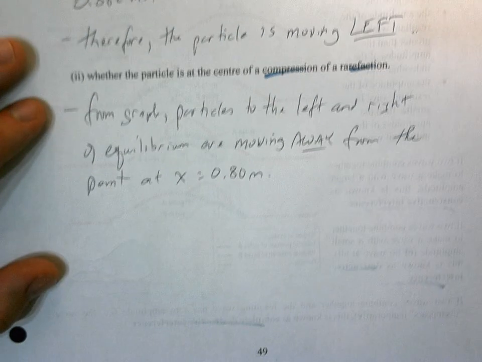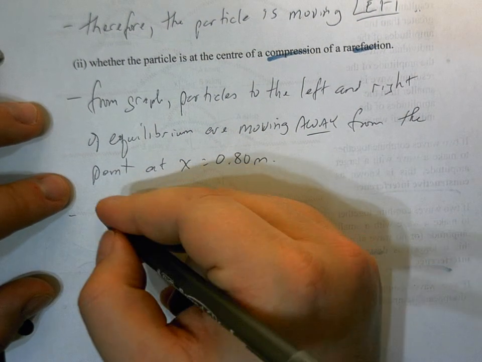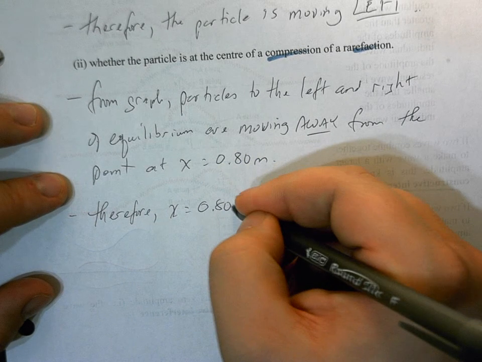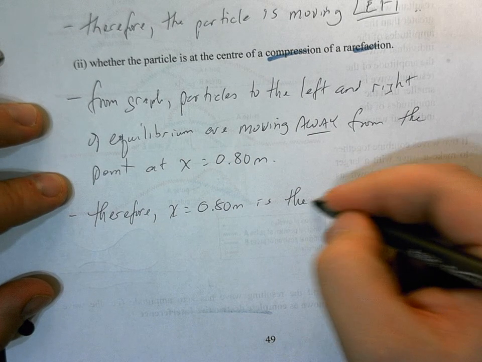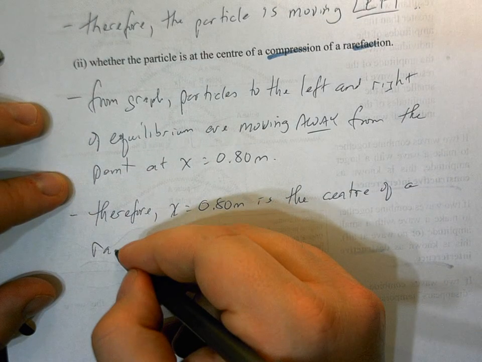So therefore, what we can say is that this is a rarefaction, or this is a center of rarefaction. So x equals 0.80 meters is the center of a rarefaction.